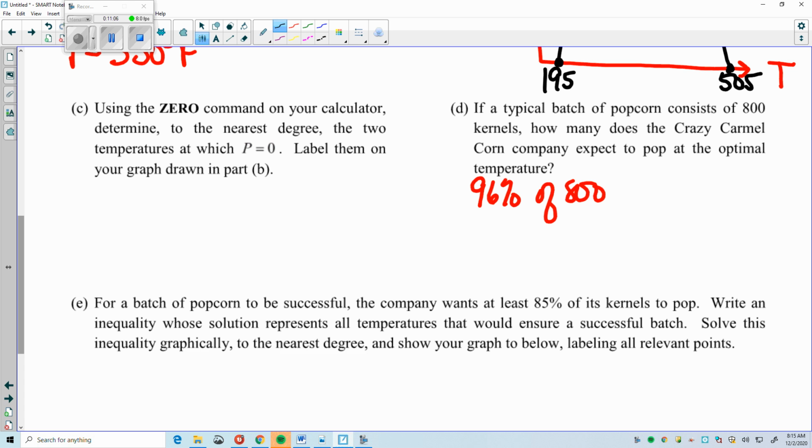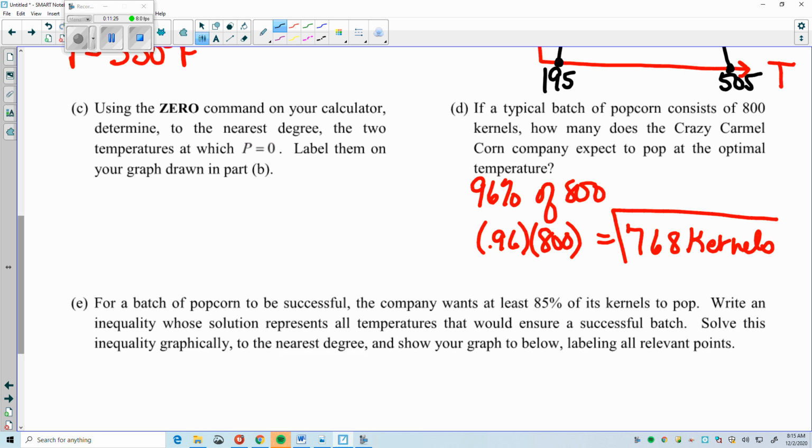So if we're going to find this, remember, convert 96 into a decimal, that's 0.96. And anytime you're saying that word "of" in math, it's a multiply. So 96% of 800, we're going to multiply those together. And that's going to get us about 768 kernels. So that's pretty good.